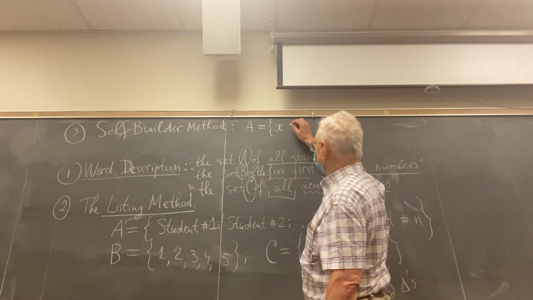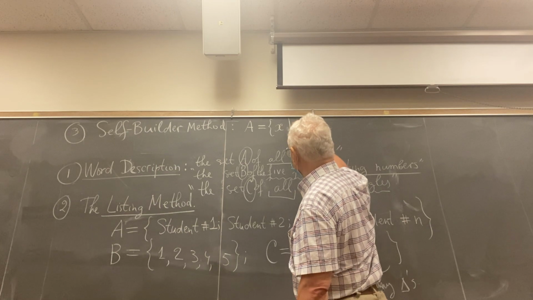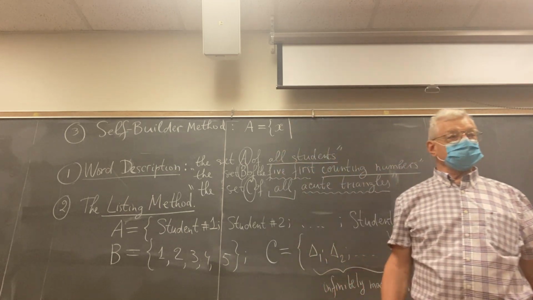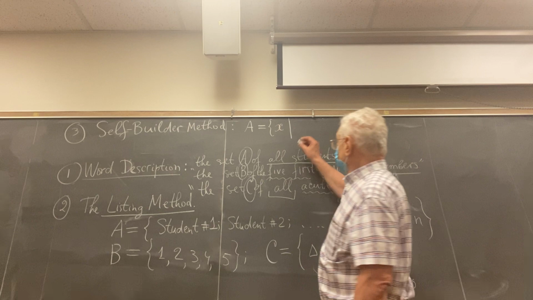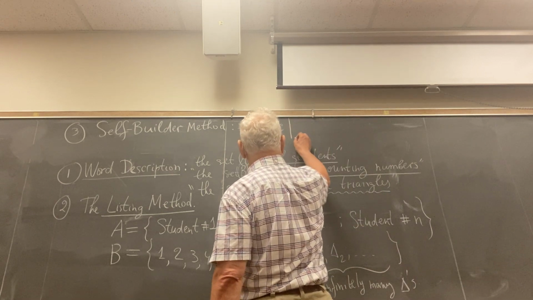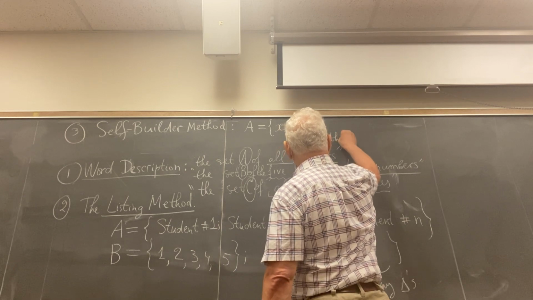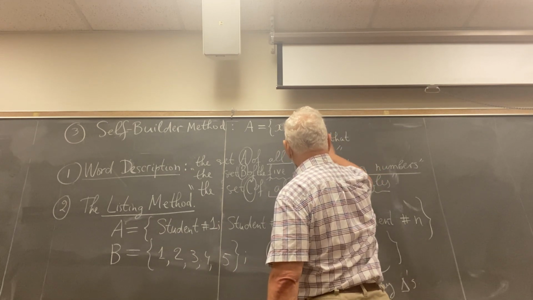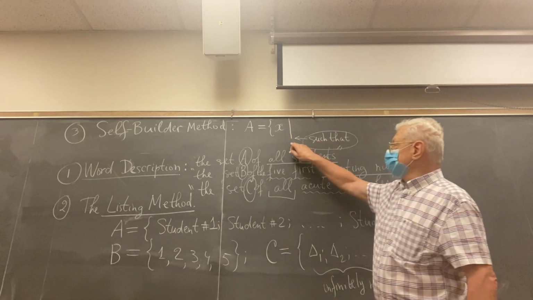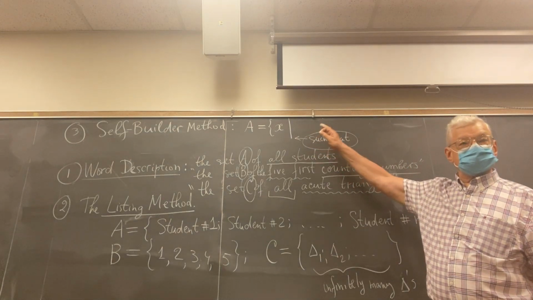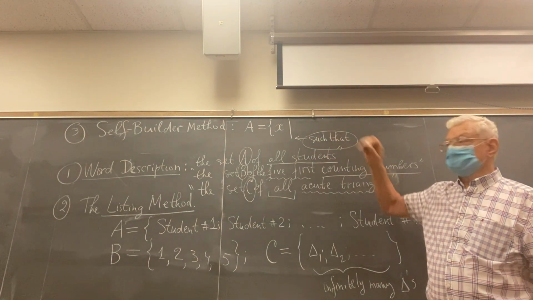So first letter. Then after that I write a vertical bar. Vertical bar is pronounced as follows: such that. Okay, so X such that, and after that I describe what it is.